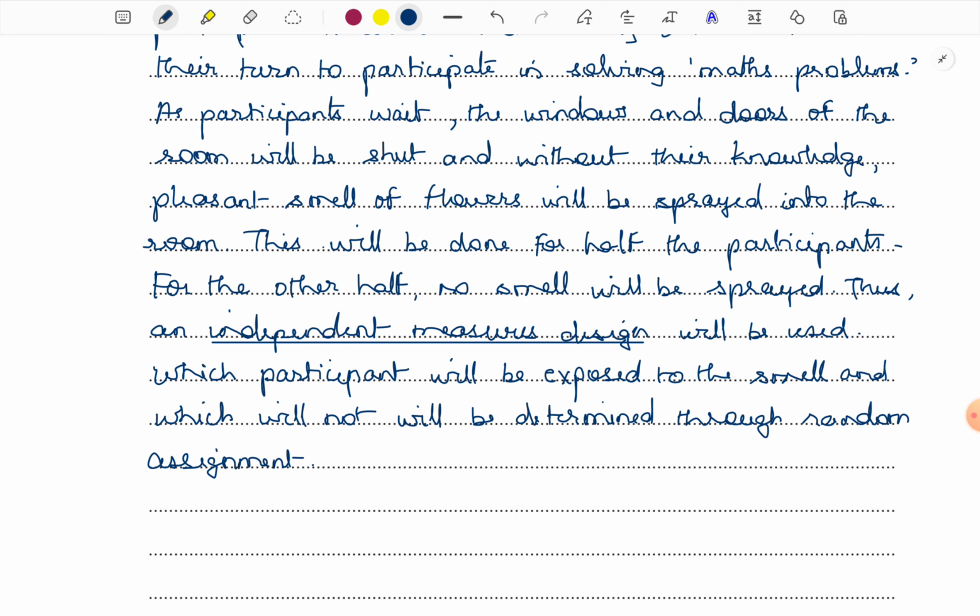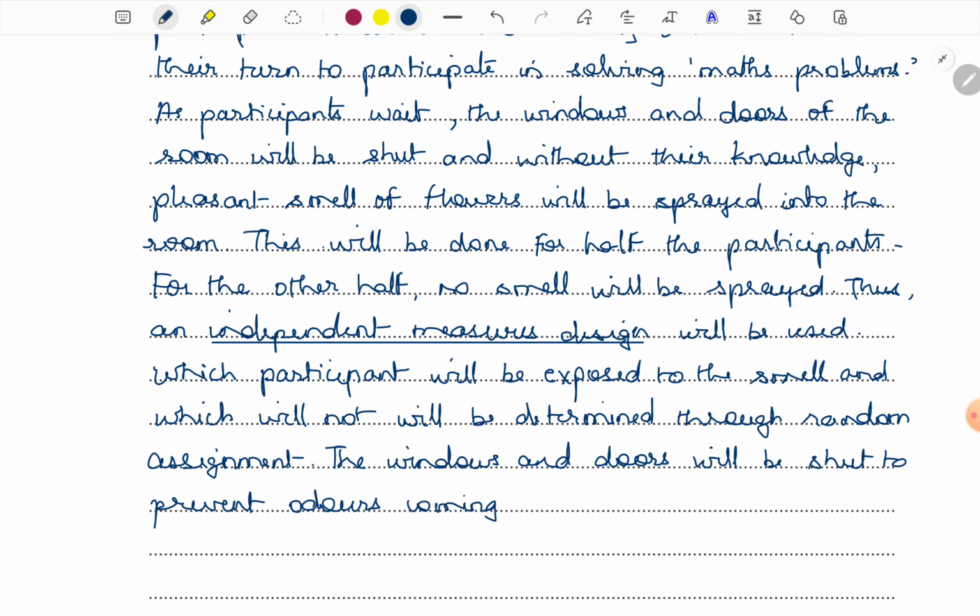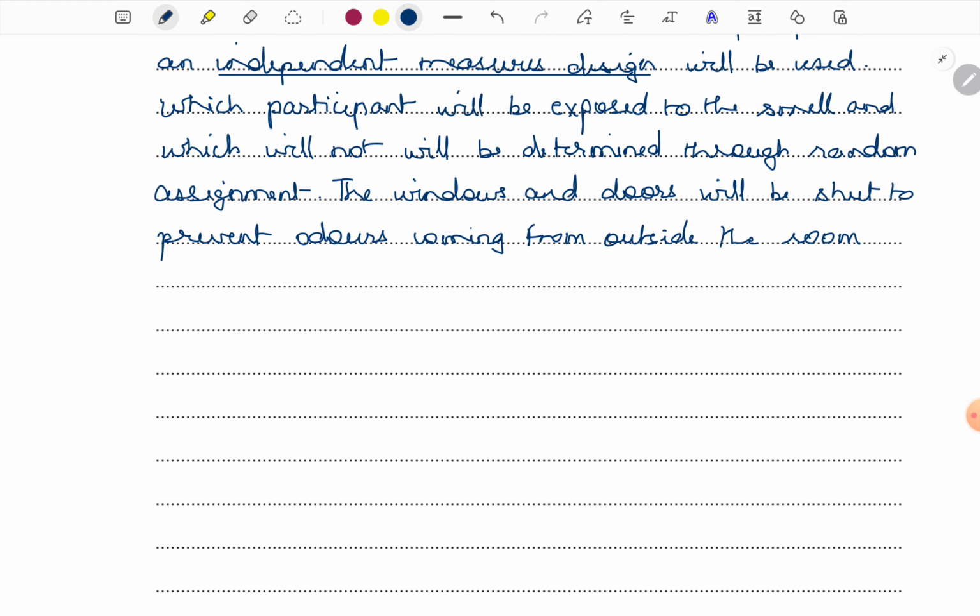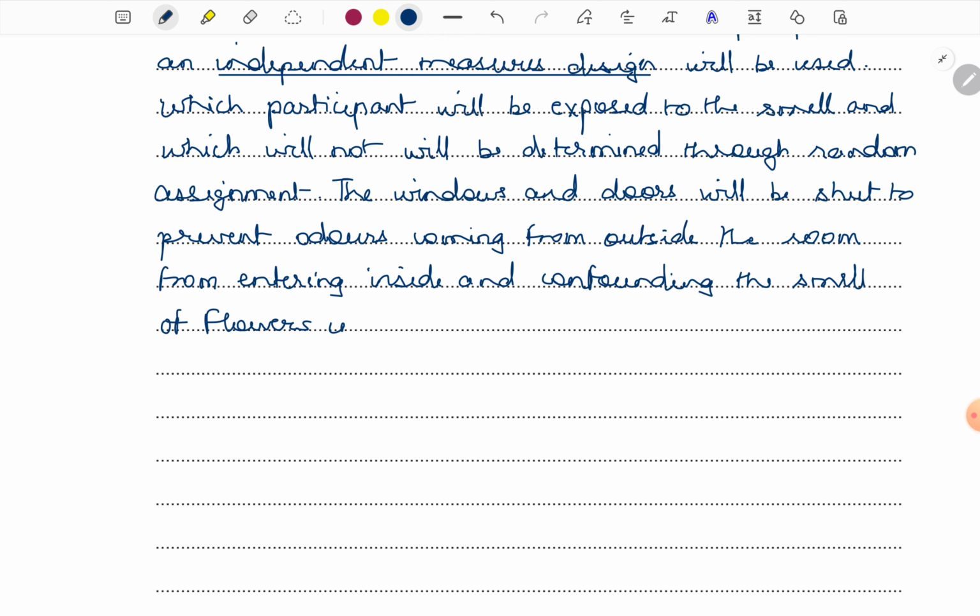Then I will further specify that the windows and doors will be shut to prevent odors coming from outside the room from entering inside and confounding the smell of flowers in the experimental condition. Thus, control will be maintained.